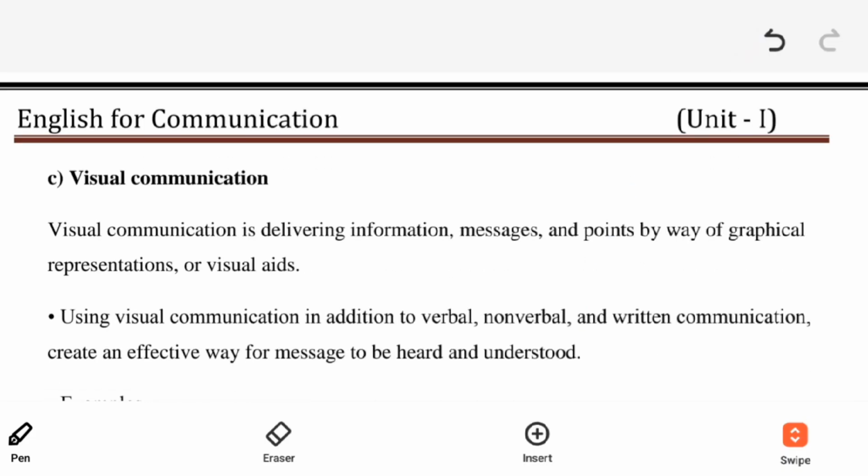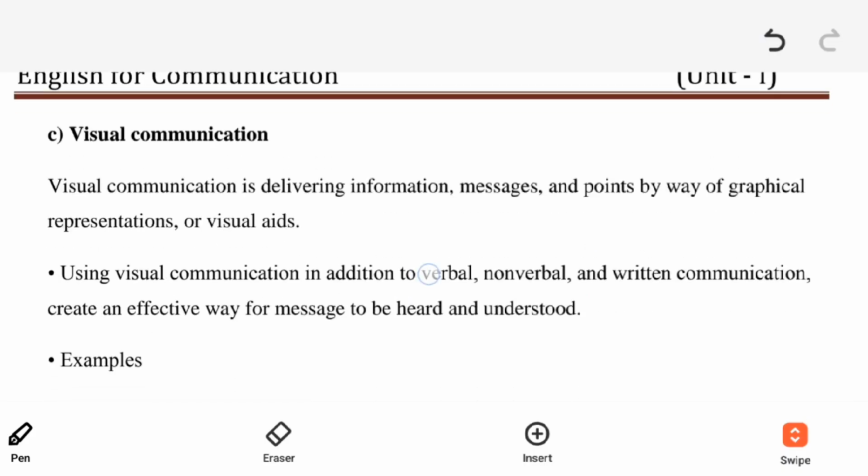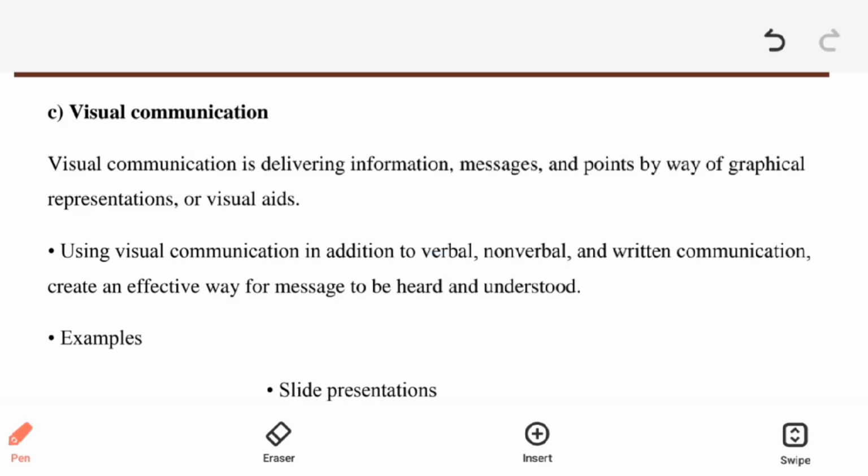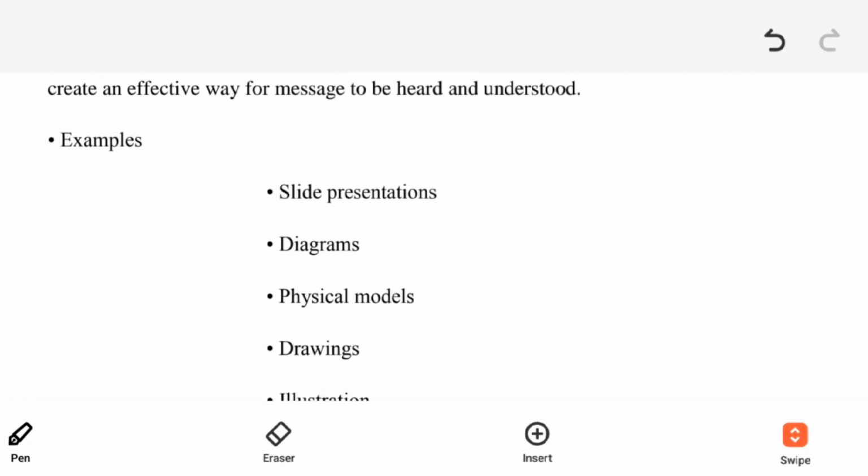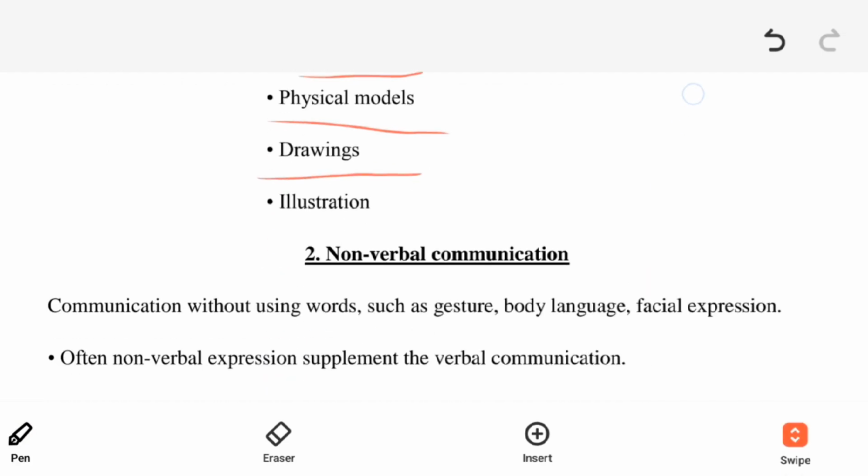These are all considered written communication. In visual communication, people use graphical representation and visual aids. For example, slide presentations, diagrams, physical models, drawings, and illustrations.